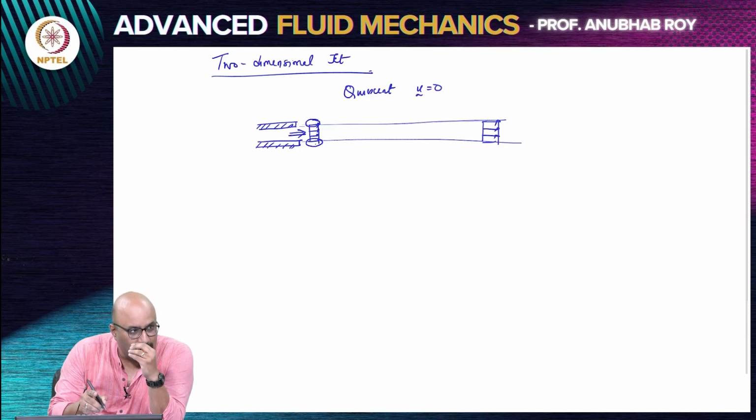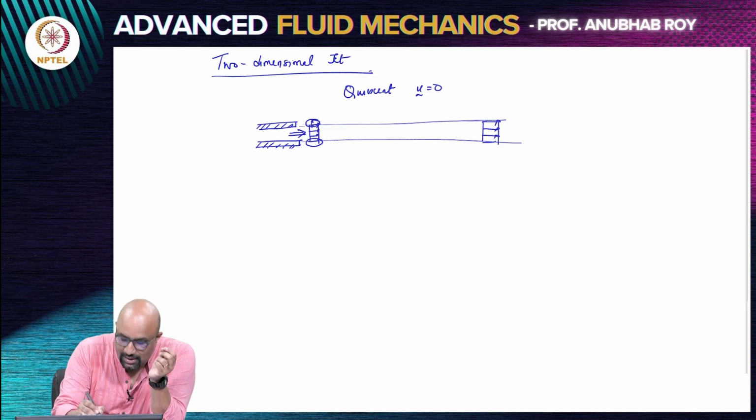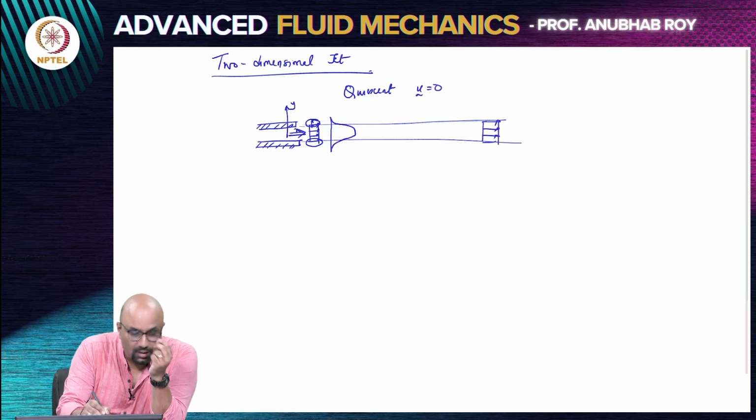So, even if you take negligible but non-zero viscous effects, you are going to get viscous diffusion starting to become important. So, what you would actually observe is that instead of a profile like this, the profile will look something like this at some distance away from the nozzle or the orifice.